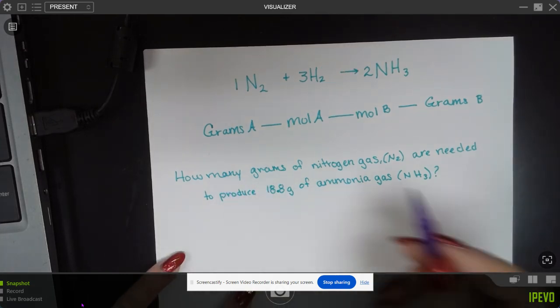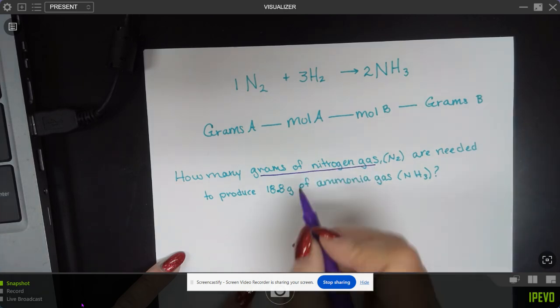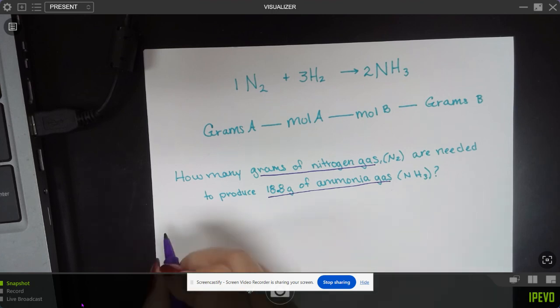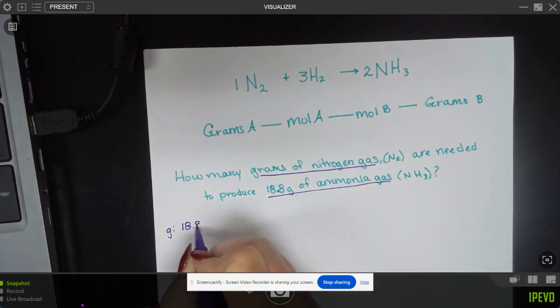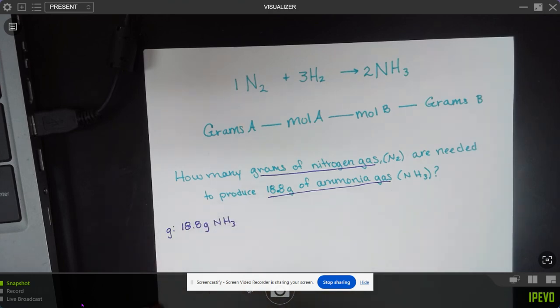So how many grams, so we're looking for grams of nitrogen, are needed to produce 18.8 grams of ammonia gas? So still going to write down my given, 18.8 grams of NH3. I'm going to write down my unknown, grams of nitrogen gas.